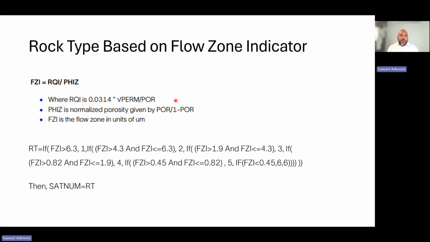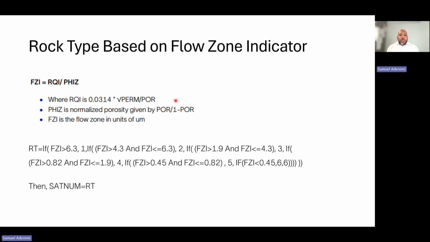The normalized porosity is given by the porosity of the system divided by 1 minus the porosity, which accounts for the pore structure of the rock, while the reservoir quality index combines both the permeability and the porosity to represent the rock's ability to transmit the fluids.